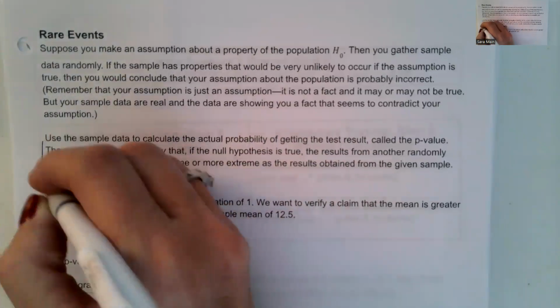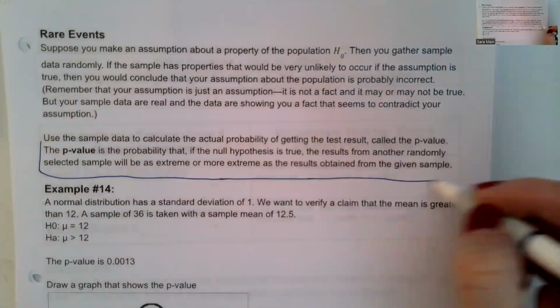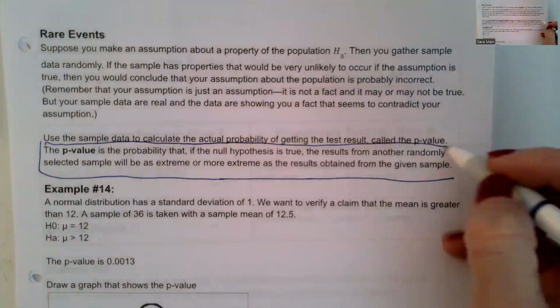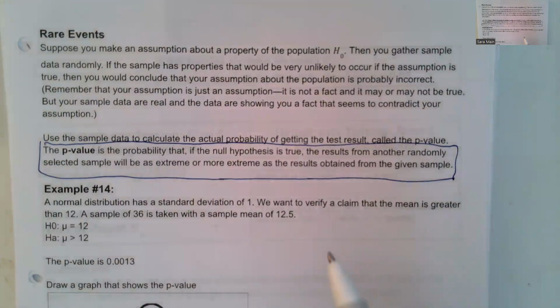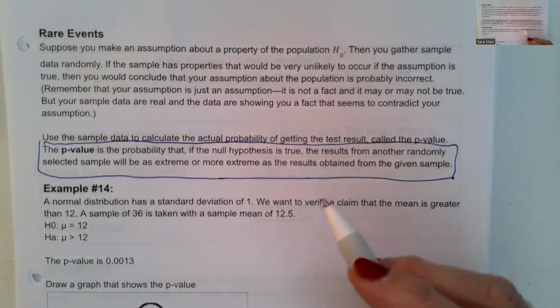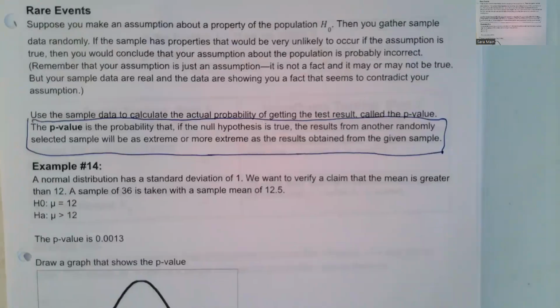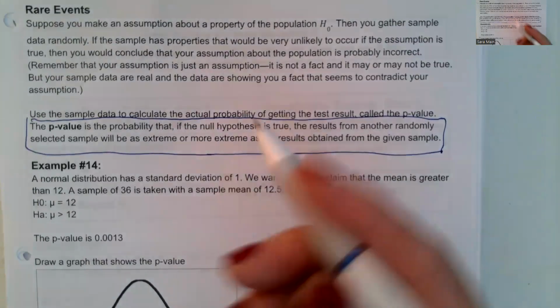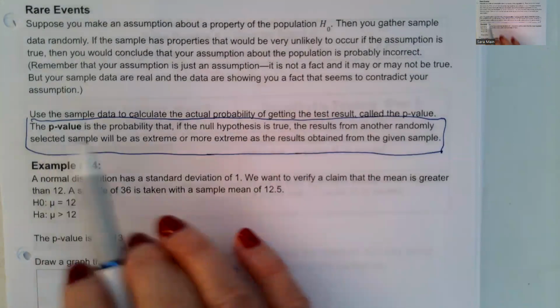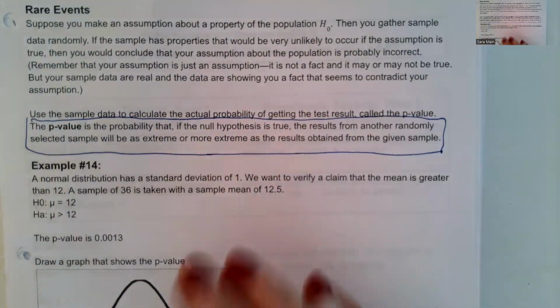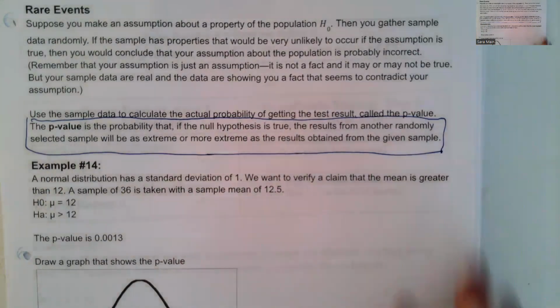So this is important to know, this description of p-value. The p-value is a probability of this particular outcome happening given that the null hypothesis is true. So we're also going to use this probability and also z-scores to decide if we are in a danger zone.